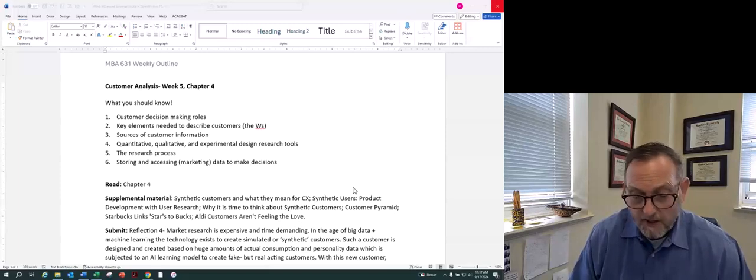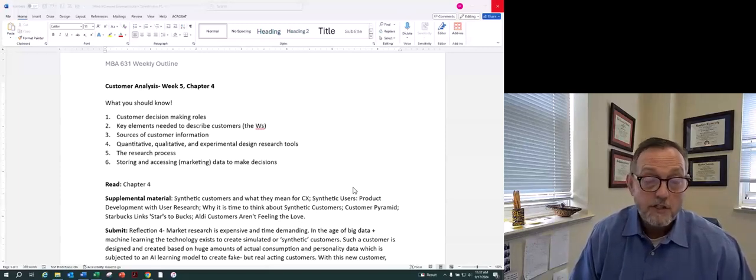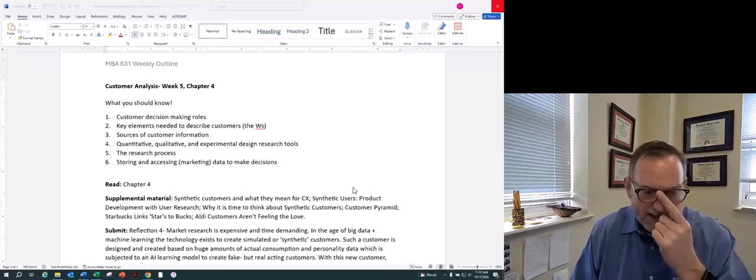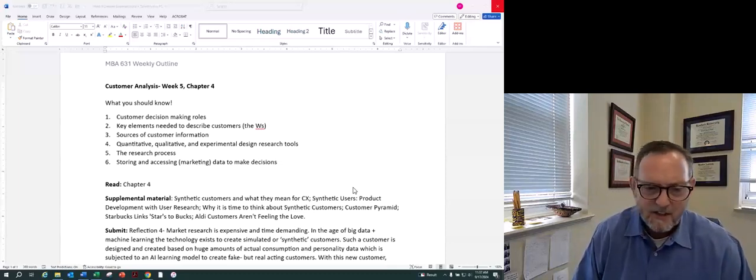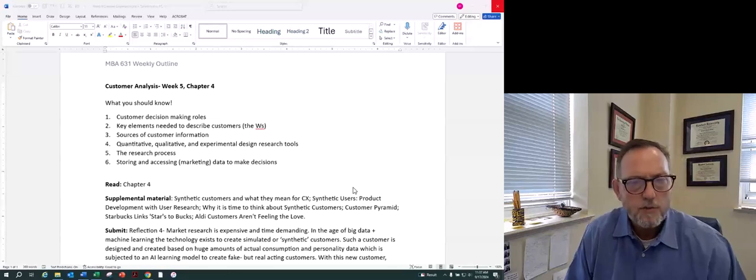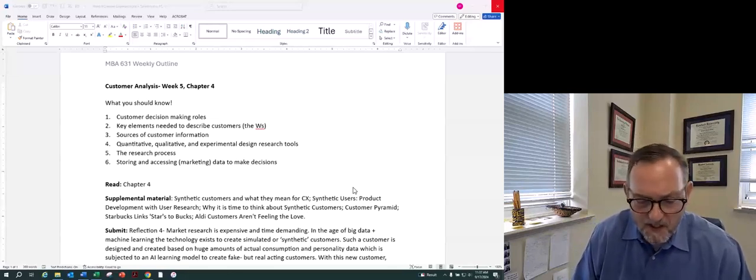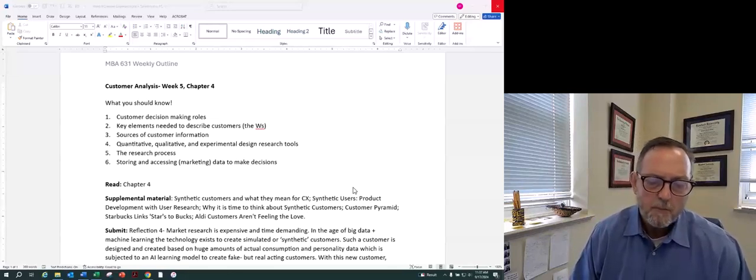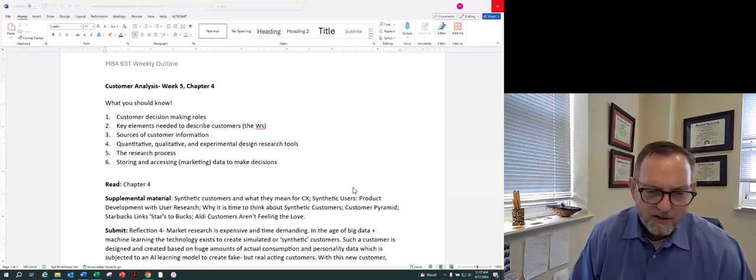So in week number 5, we actually are looking deeper into, it's chapter 4 in the textbook, but we're looking deeper into consumers, and the textbook takes an interesting direction or tack on this, and they really focus on consumer-based research, types of research, and kind of all about the consumer.